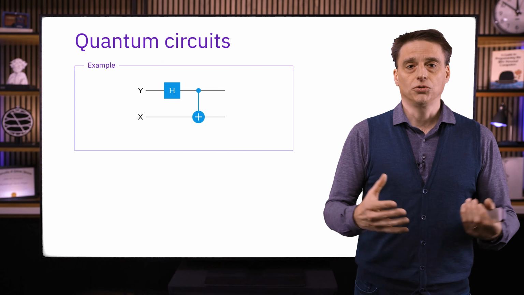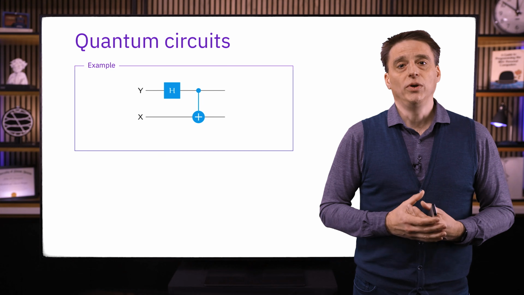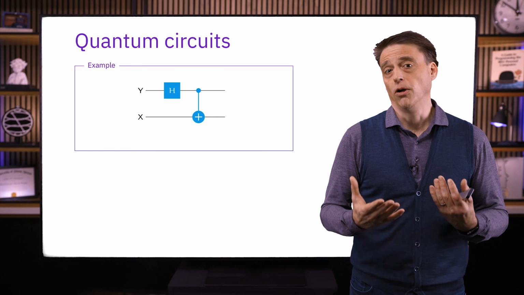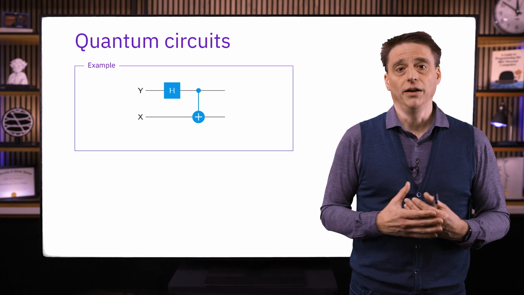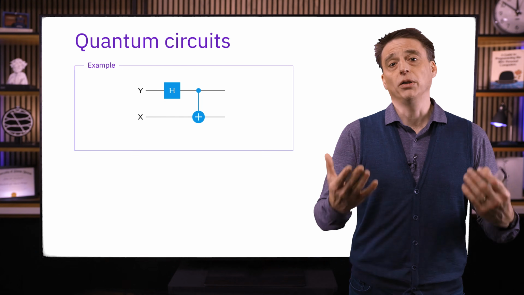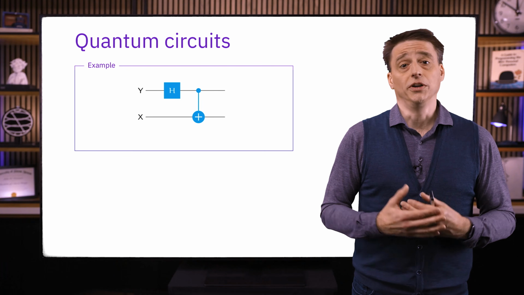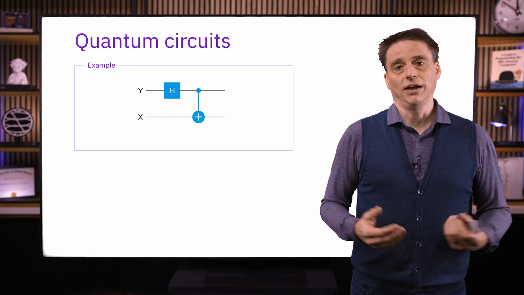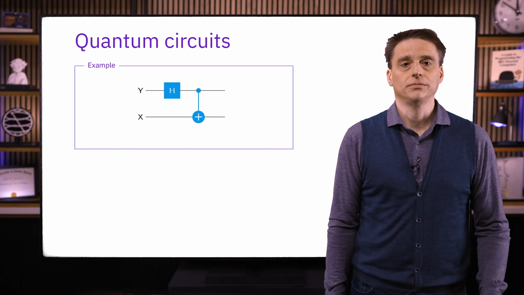We talked about the controlled NOT operation in the previous lesson, and here in this diagram we can see that the control qubit is y, which is indicated by the small filled-in circle, and the target qubit is x, which is indicated by the large circle with what looks like a plus sign in it. It kind of looks like the symbol for the exclusive OR, so it makes sense. You can imagine that whatever classical state is stored in y gets XORed onto the qubit x.